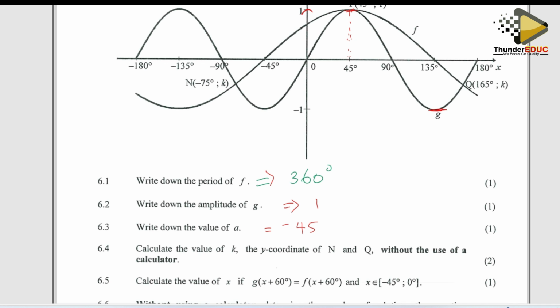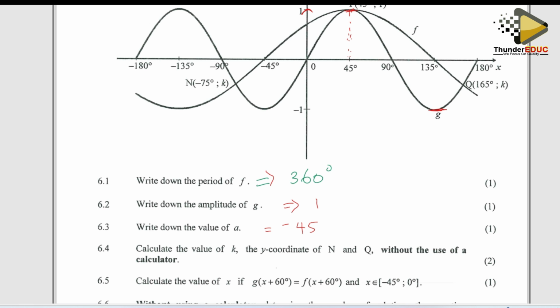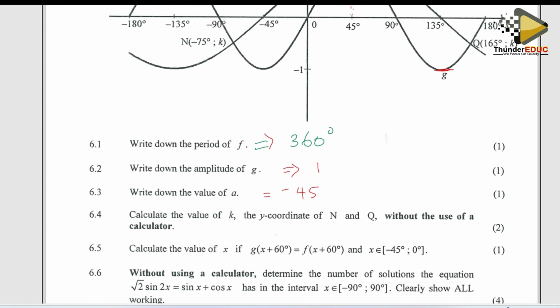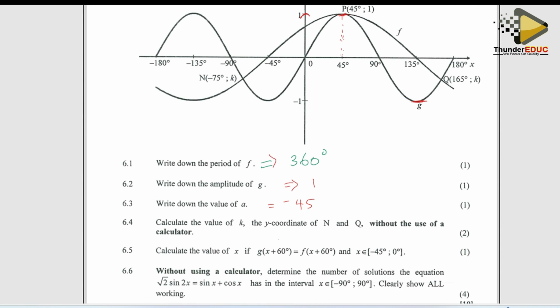Perfect. Then calculate the value of K, which is the y-coordinate of N and Q, without the use of a calculator. So we know that 165 is in quadrant number 2.